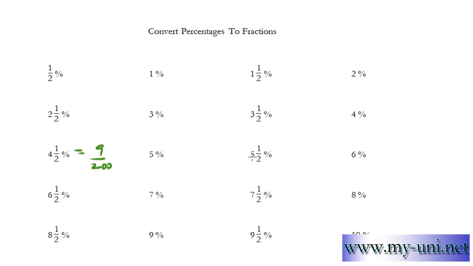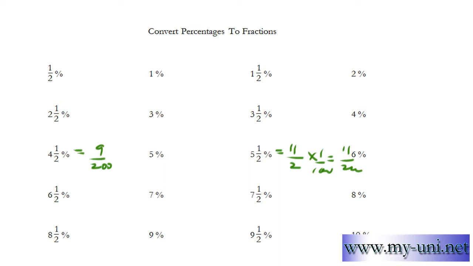5.5%, 2 times 5 is 10, 10 plus 1 is 11, and the denominator will remain the same, multiplied by 1 over 100. 11 times 1 is 11, and 2 times 100 is 200.